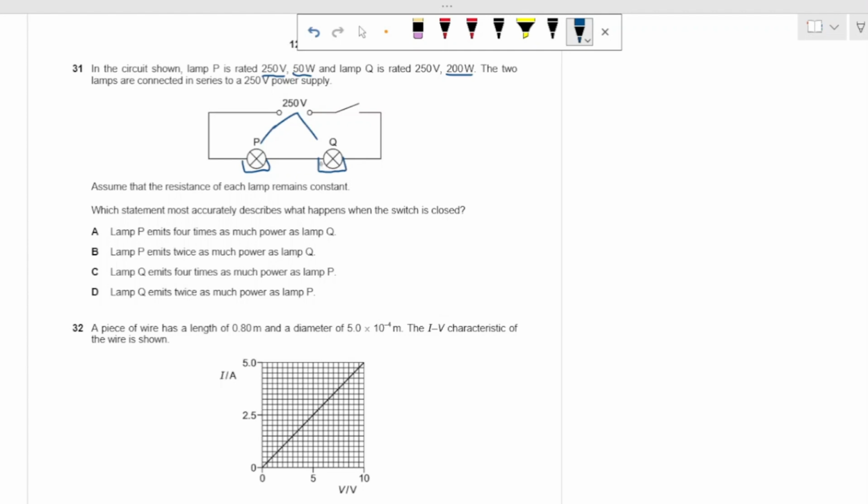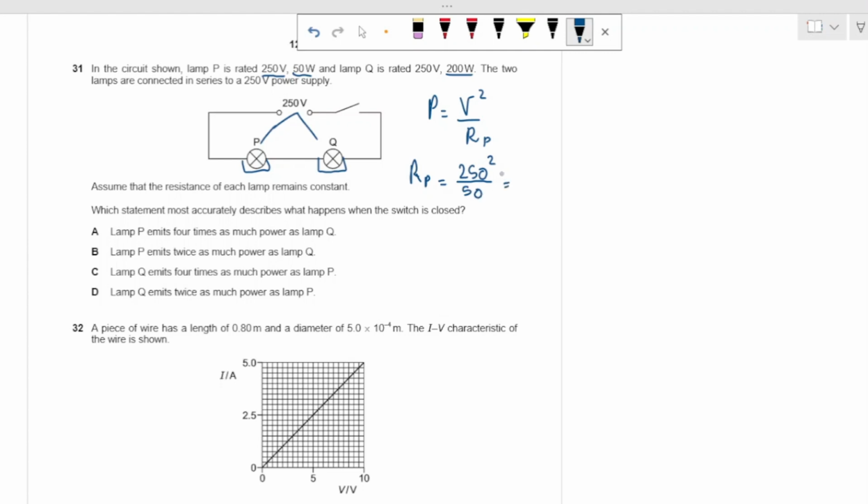We can do this through another way. We know that the resistance of each lamp remains constant. Therefore, we can use the formula P equals V squared over R, because we know R is a constant value. Let us find that first before doing any further calculation. Let us find R for lamp P first of all. R for lamp P would be 250 volts squared over 50 watts.